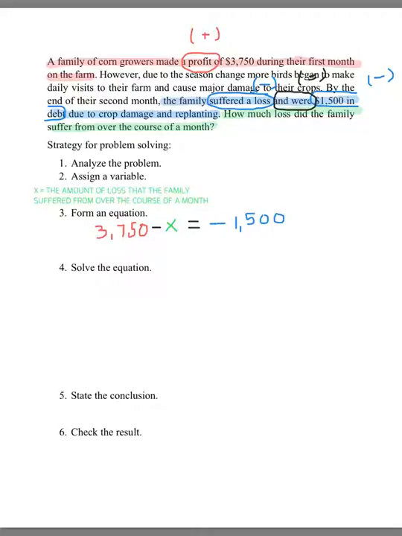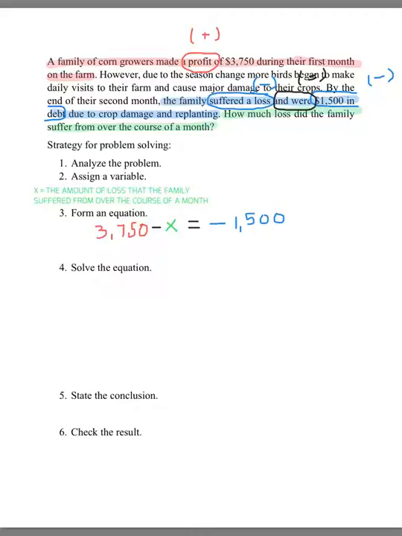So there we go. That's going to be our equation. You have a profit of $3,750, and then you suffer a loss. We're going to have to subtract from that quantity. And now we know that the family is $1,500 in debt, and we justify that by a negative sign. So that's going to be our equation.